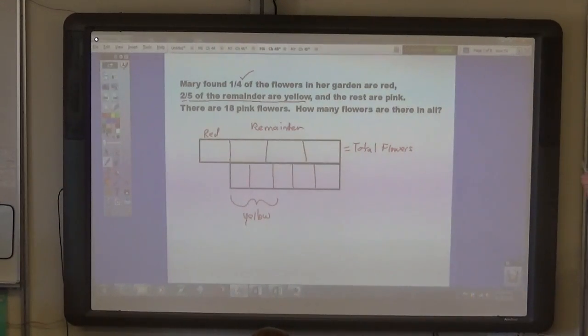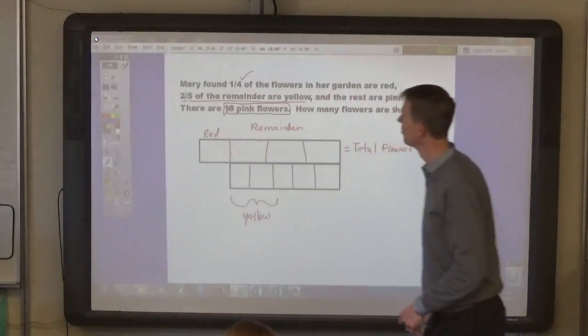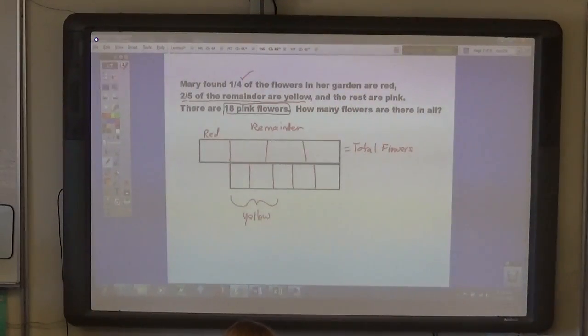Now, based on what you have drawn so far and what you've labeled, if you've drawn it out just like I showed you how to draw it, then you can start putting numbers in the boxes. Because it says there are 18 pink flowers. So now start putting numbers in the boxes if you can. Start writing down numbers in the boxes.